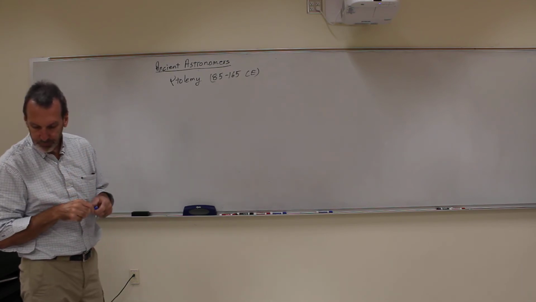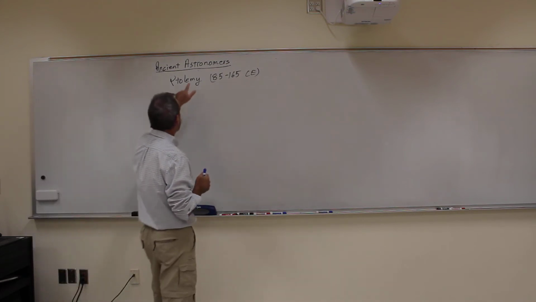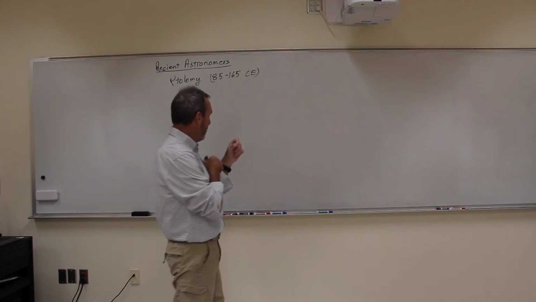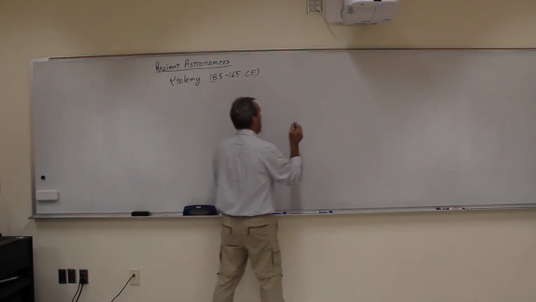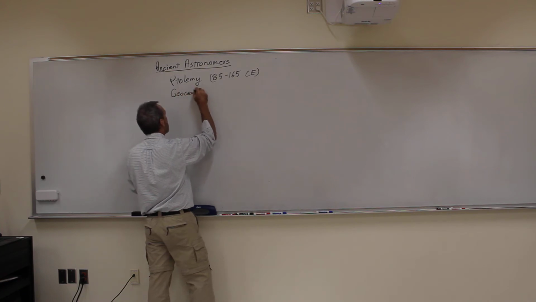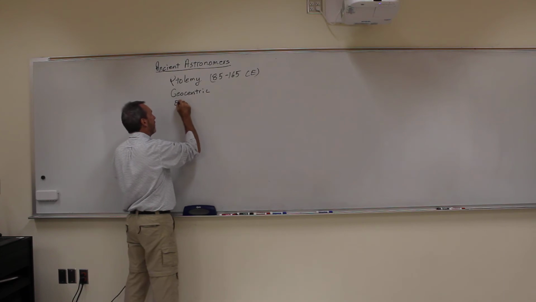And he created a model of the solar system. Now his model was kind of complicated, so we call it the Ptolemaic, or it's also called the geocentric model. Remember, geocentric, geo means Earth, so this is Earth-centered.